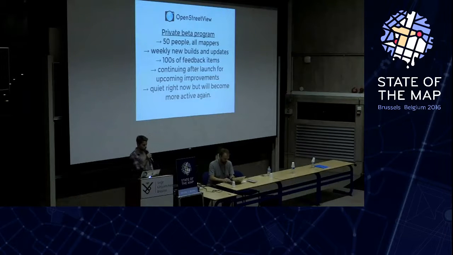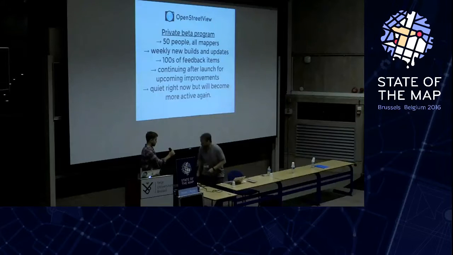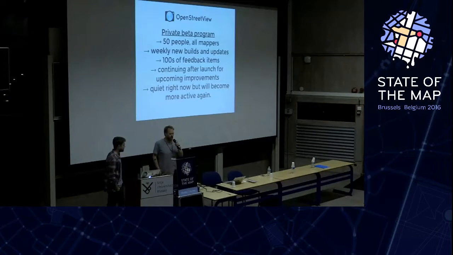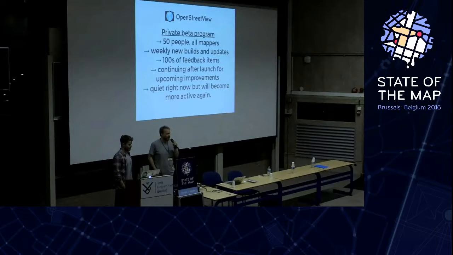Before State of the Map US, we had a beta program where maybe some of you joined. Martijn organized that whole thing. You want to tell a few words about it? Yeah, that's been very useful. I love beta programs. I love to take part in them, so I was excited to finally be able to organize one.